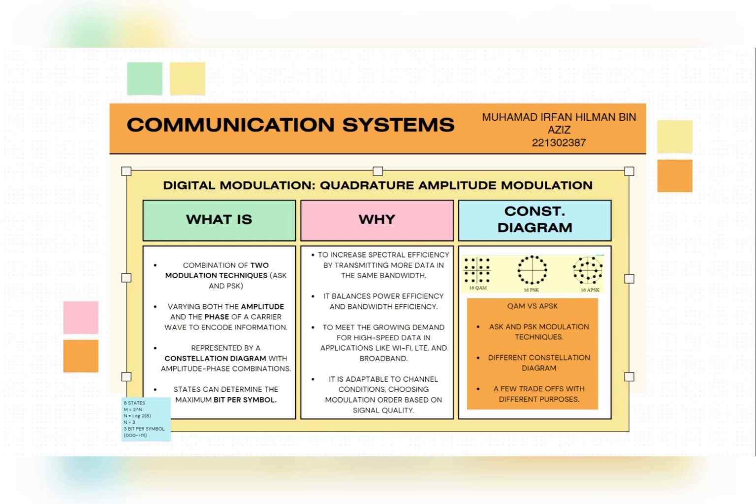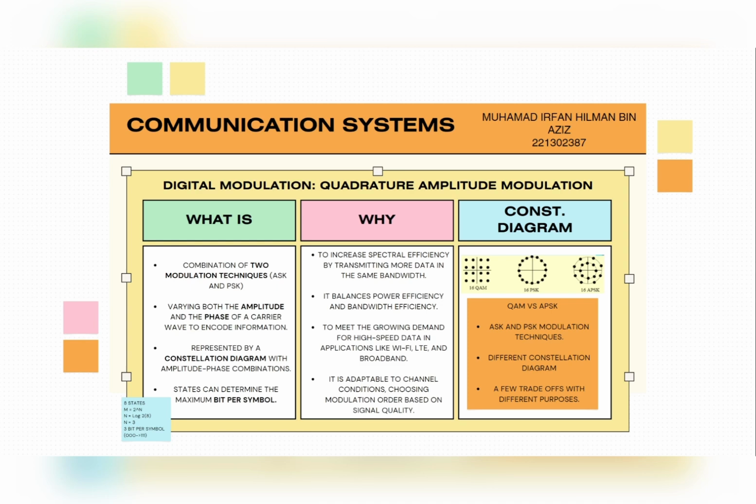For example, if we have 8 states, we can use the formula M equals 2 to the power of n, and when we substitute the value, we get the maximum number of bits per symbol transferred. For this question, we got 3 bits per symbol, meaning that we can go from 000 up until 111.